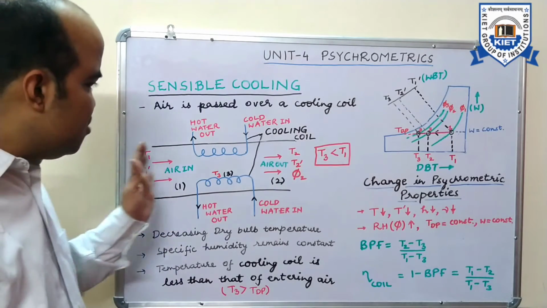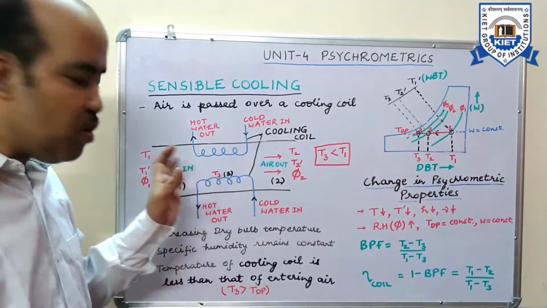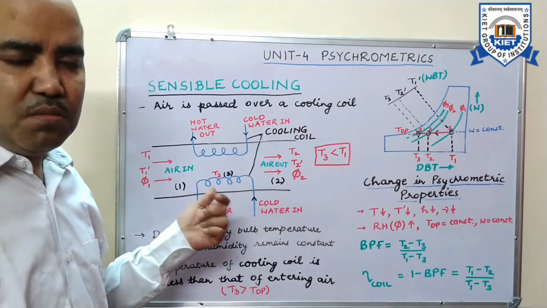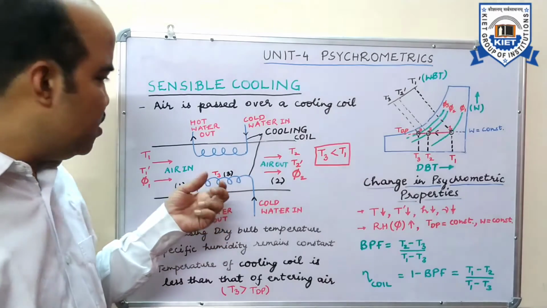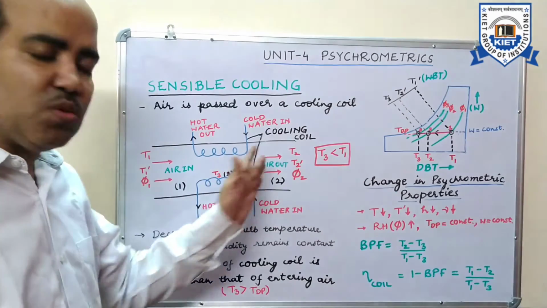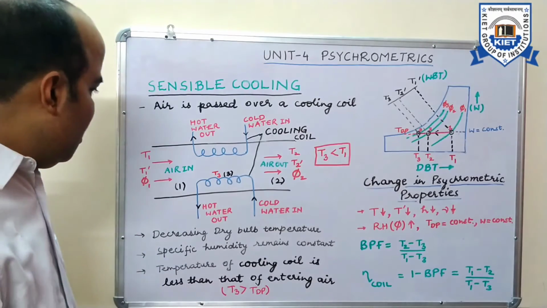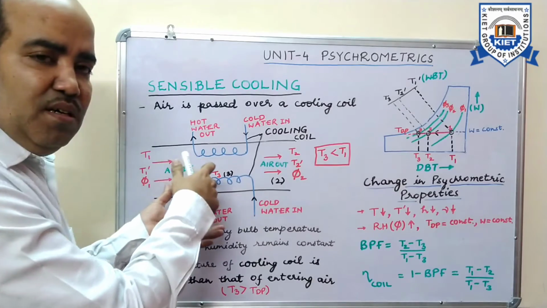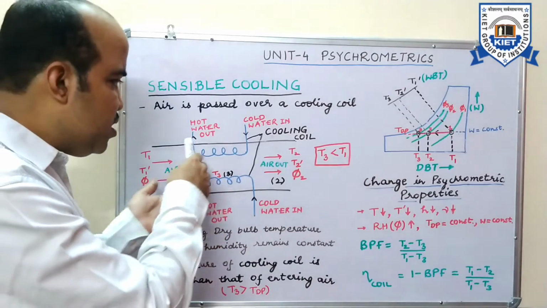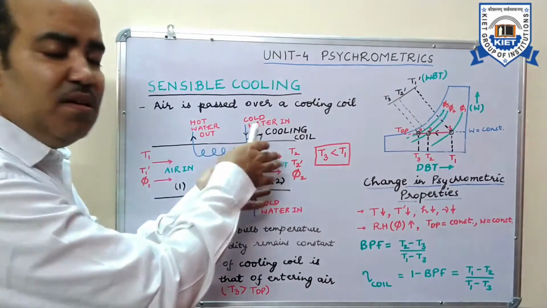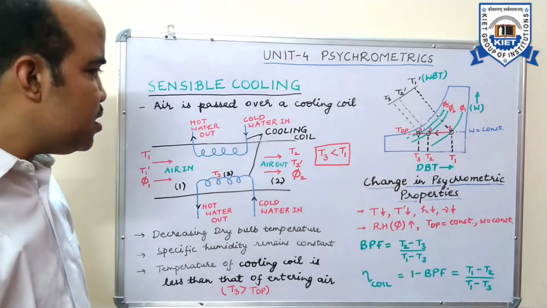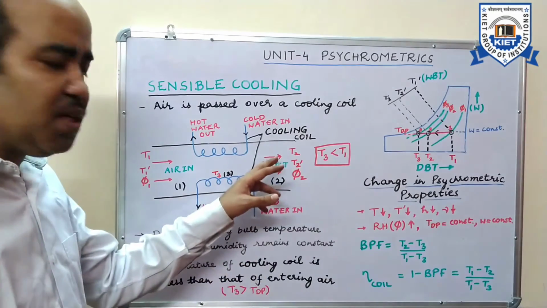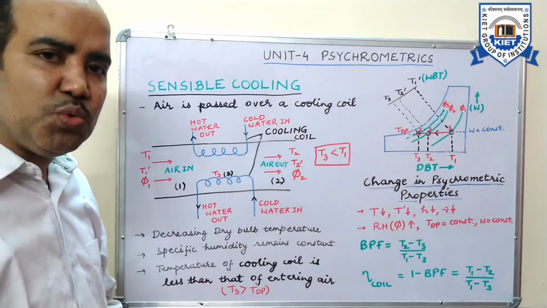This air comes in contact with the cooling coil. Not all of the air is subjected to sensible cooling. Some part of the air will not come into contact with the cooling coil and passes through as such. Similarly, the air after getting cooled passes through the cooling coil and is delivered to the point where the air requirement is, in a condition denoted by point number 2.